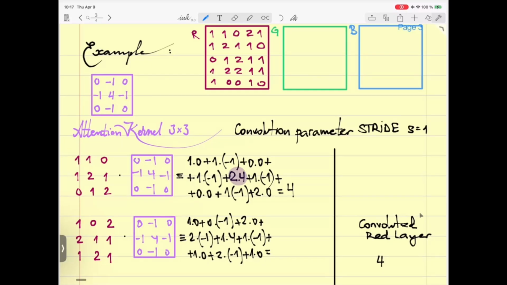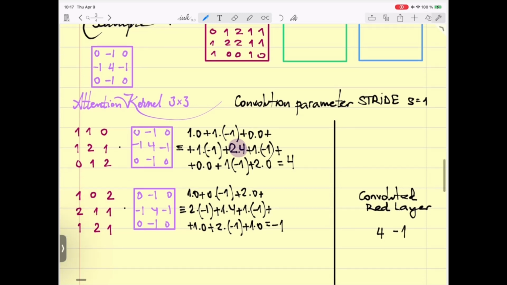And this is going to be equal to minus 2 plus 4, 2 minus 1 is going to deliver a minus 1. So here we have a minus 1.